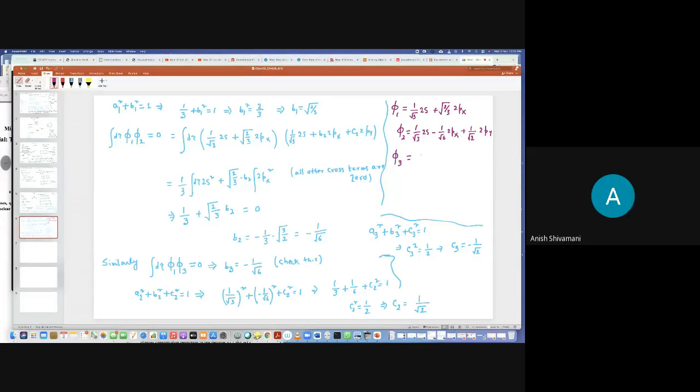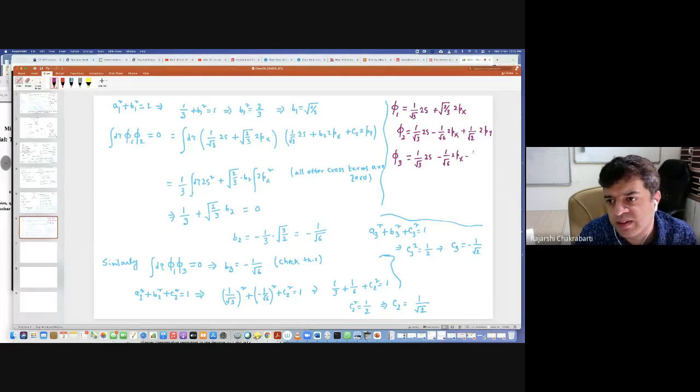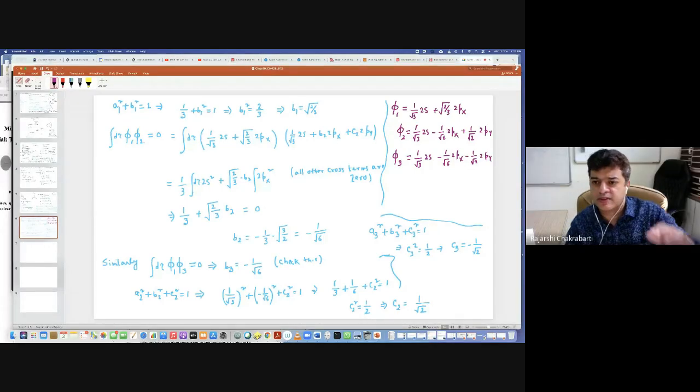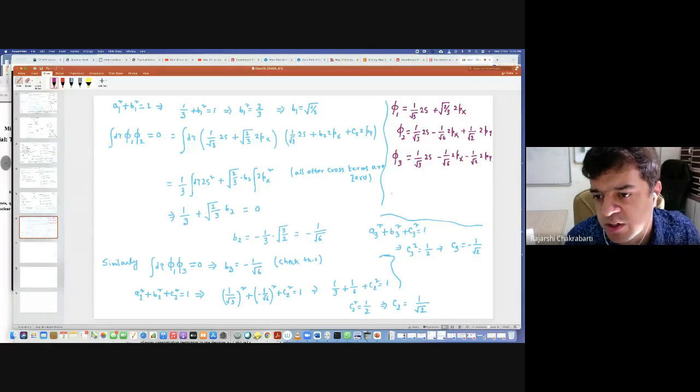Minus 1 by root 2 2py. This is fine. I think this is how it is. So these are 3 hybrid orbitals. Now they are sp2 hybrid orbitals.